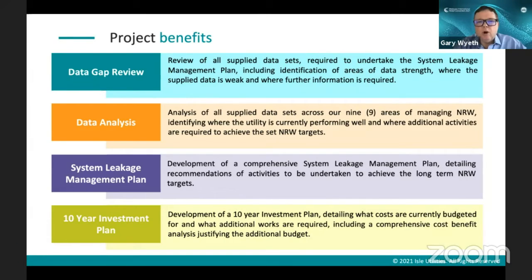And so what we're looking for is to see what sort of target the utility should be aiming for over, let's say, a 10-year program. That could be the economic level. A lot of utilities that have already been managing their non-revenue water quite well will be starting to aim for their economic level, which can be achievable within a 10-year period.